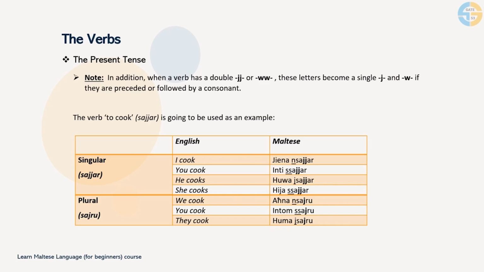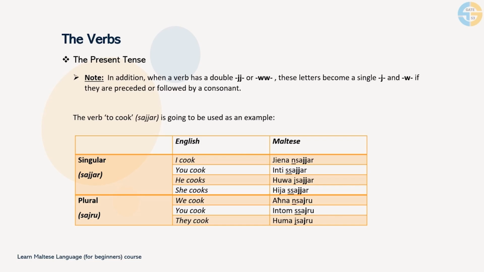So in that case, we drop one y. The same goes for the other two. You cook, intom tsajru, one y, and they cook, huma jsajru, one y as well. I hope I was clear on this because it can be very tricky.